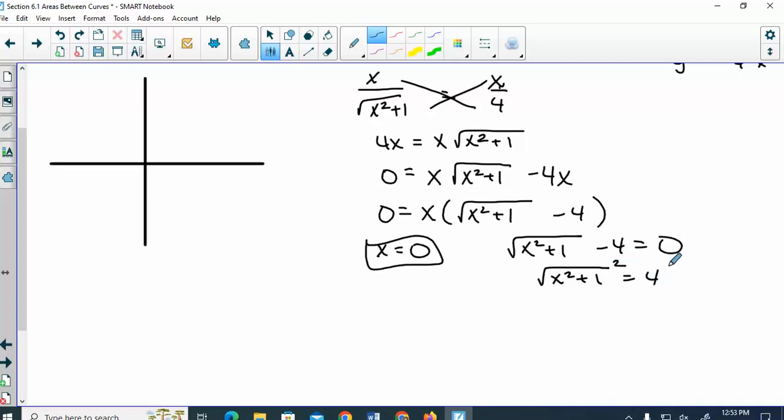I would square now. X squared equals 15. Square root, plus and minus, so we actually get two values.